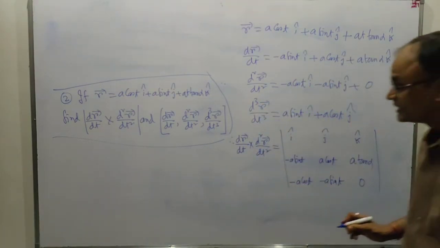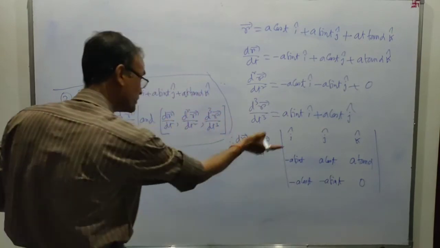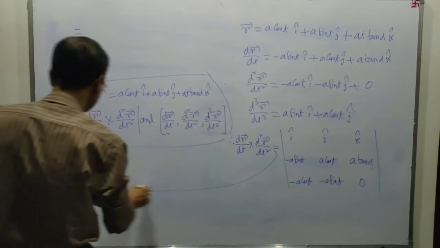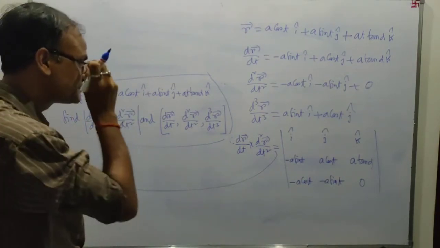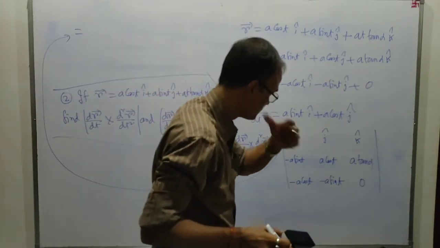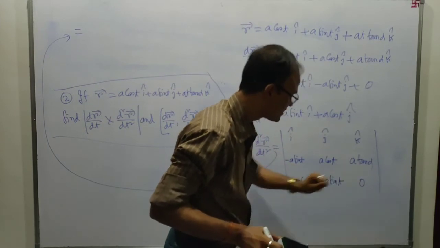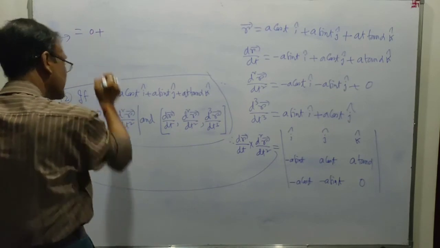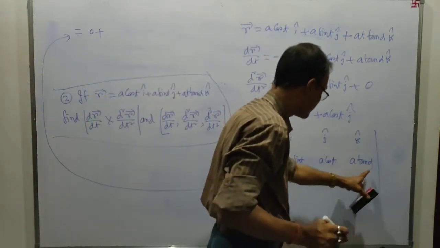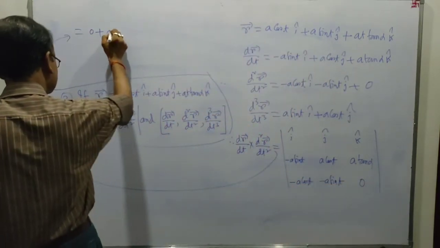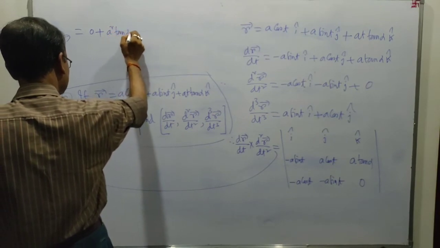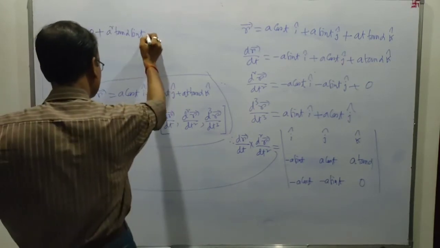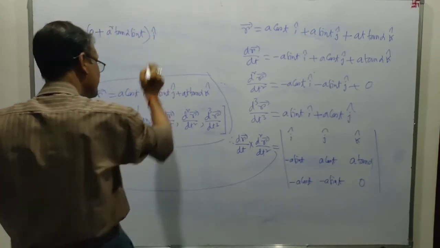From this I am writing here: for i cap, this into this minus this into this, 0 minus 0 plus, it will be a square tan alpha sin t i cap.